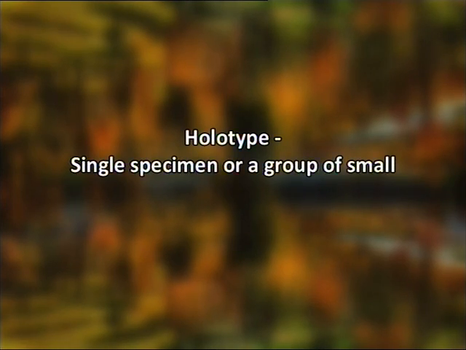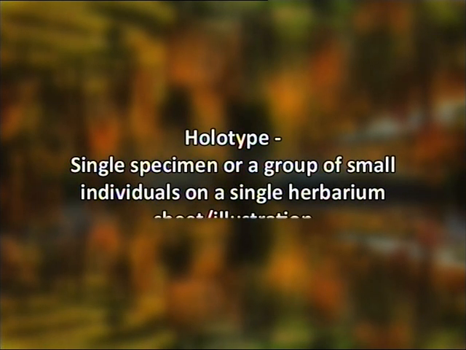A holotype is the single physical example, single specimen or a group of small individuals on a single herbarium sheet or illustration etc. of an organism upon which a name is based, originally used or designated at the time of publication of the name of the taxon.